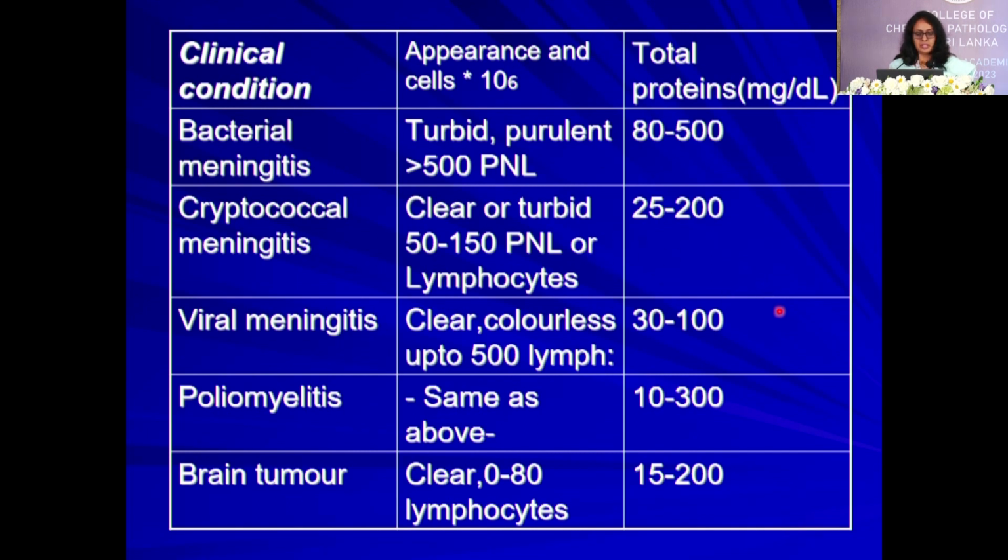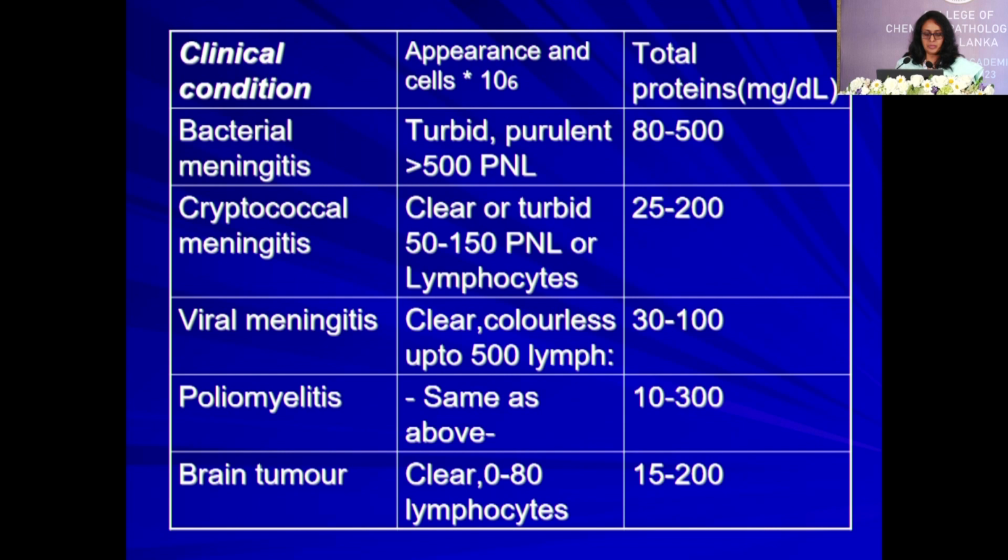In viral meningitis, the appearance is clear and colorless, there are no polymorphonuclear leukocytes, but lymphocytes are there, up to 500, and the total protein level is 30 to 100. In poliomyelitis, similar to viral meningitis, the total protein level is slightly higher, ranging from 10 to 300.